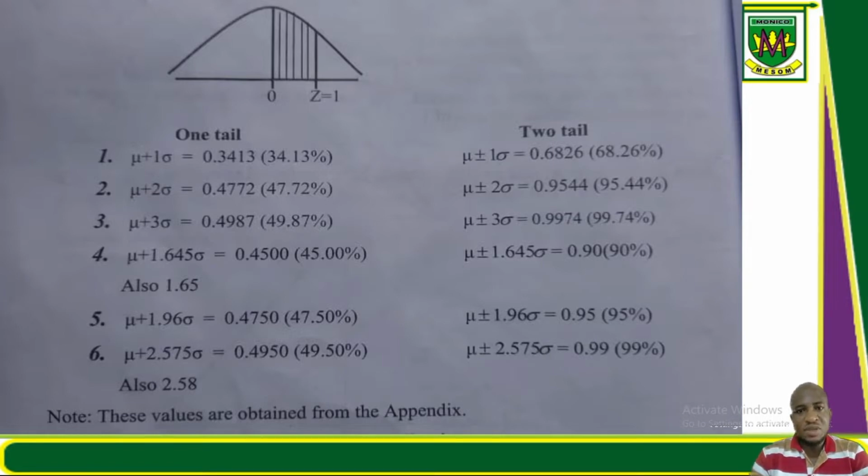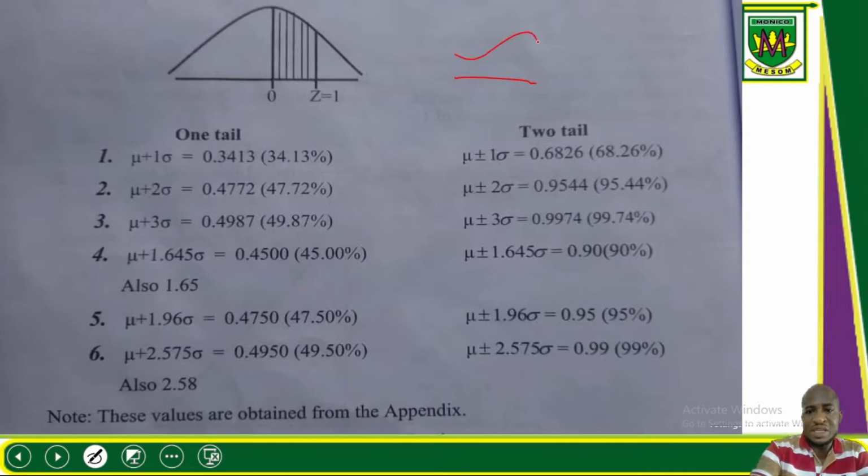It's either you are formulating it in one-tailed, or you are formulating it in two-tailed. And when it is one-tailed, that means the researcher wants to move in a directional form. I mean, it's either the person wants to go the right direction or the left direction.